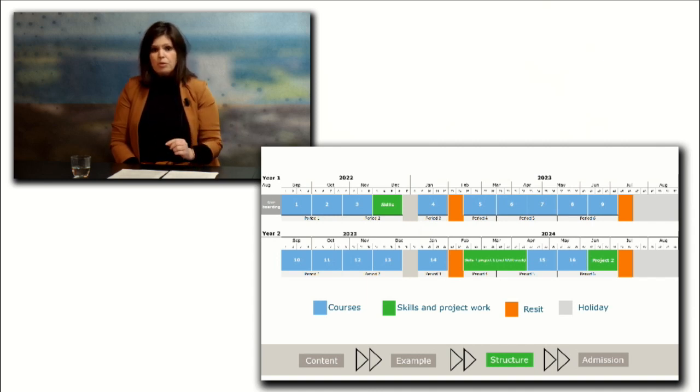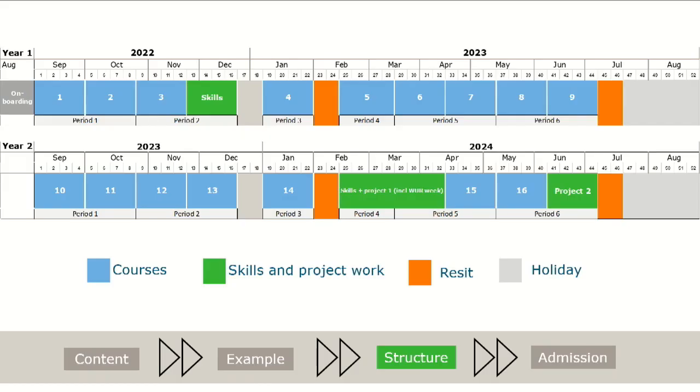But we also have courses in these 16 courses that combine all the knowledge that you got in the courses before. Besides that, you also see courses in green, and these are special courses. So we have 2 projects to work on, group project works, and those are both scheduled in the second year. One is about grant writing, and the other one is about the development of food-based sustainable guidelines.